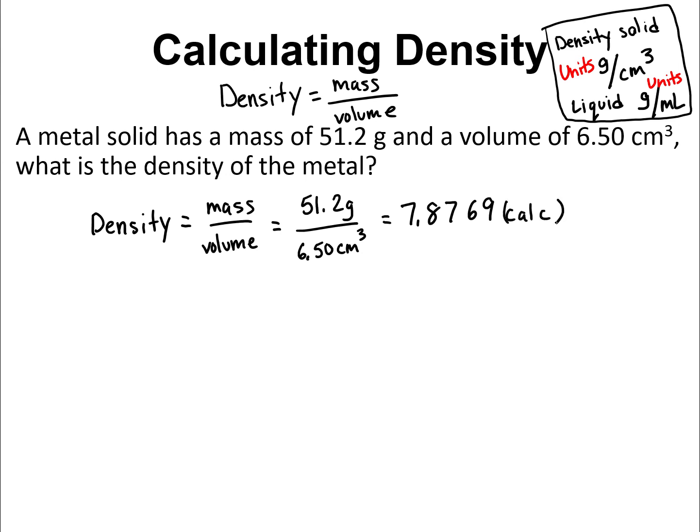But as somebody put in the chat, we need 3 sig figs because our volume has 3 and our mass has 3. So with 3 sig figs, yeah, go ahead.